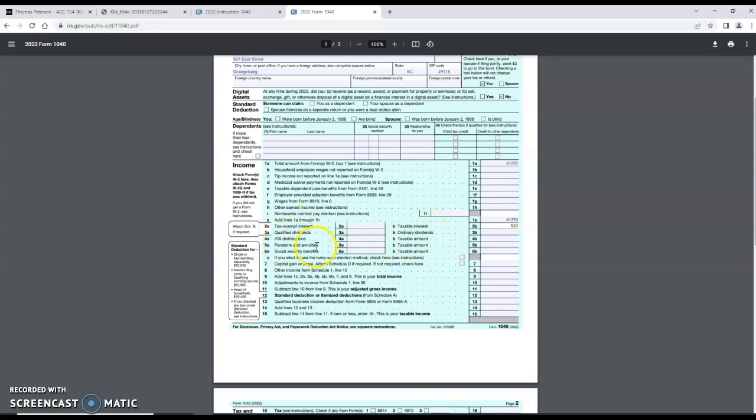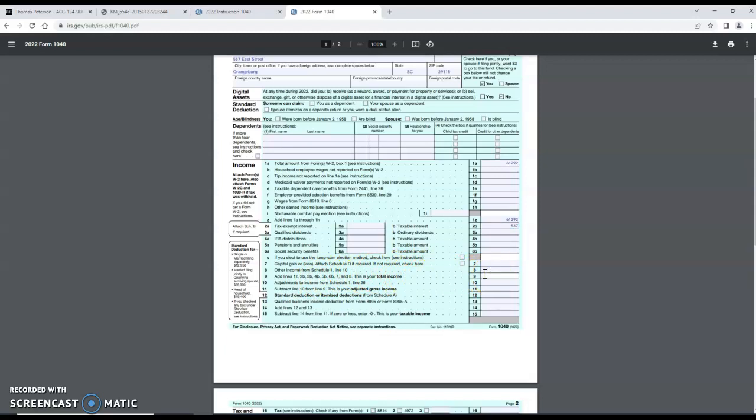He doesn't have any of these other lines, and so we're going to go down to line 9, add line 1Z, which is our $61,292, plus the rest of those lines, and that is your total income.